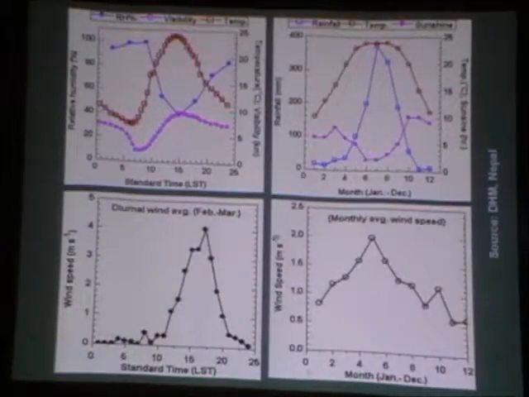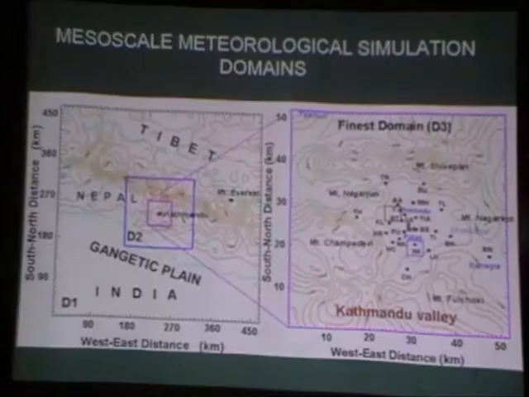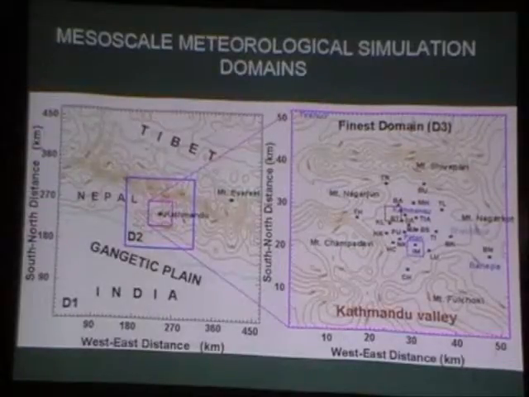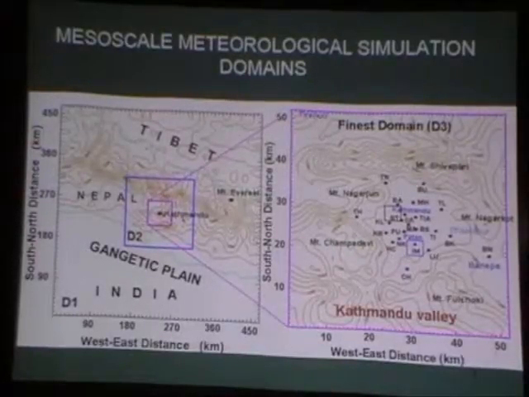You see, it is less than 2 meters per second, the monthly average wind speed. My calculation domain consisted of triply nested two-way interacting meshes of 9 kilometer resolution, the second domain is 3 kilometer resolution, and the finest domain is 1 kilometer resolution that covers the Kathmandu Valley and its surrounding mountains.